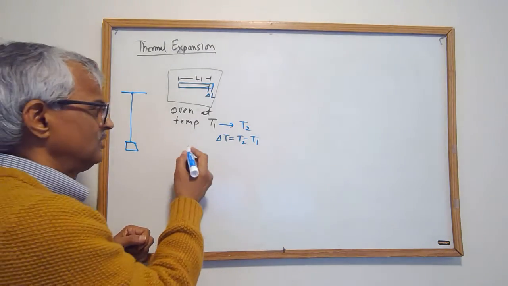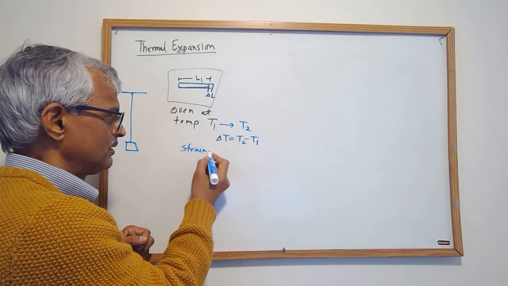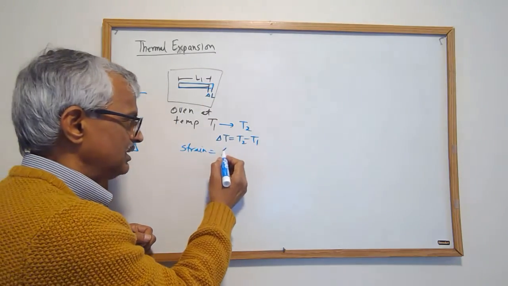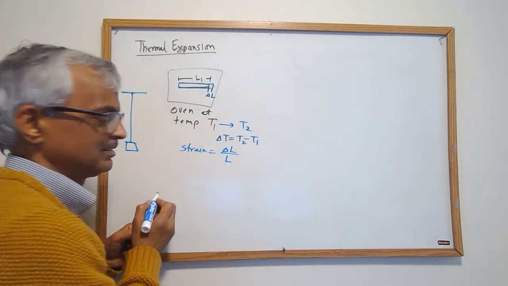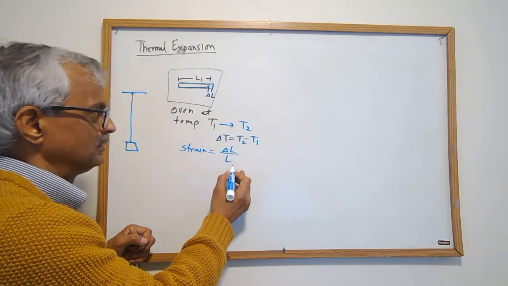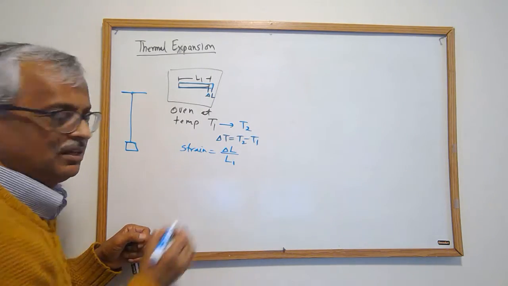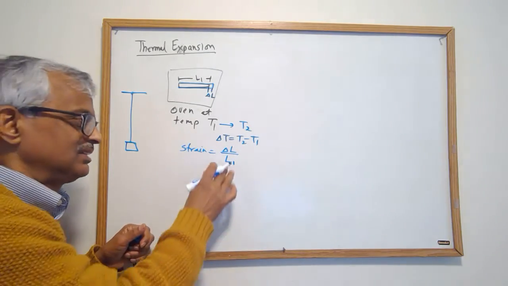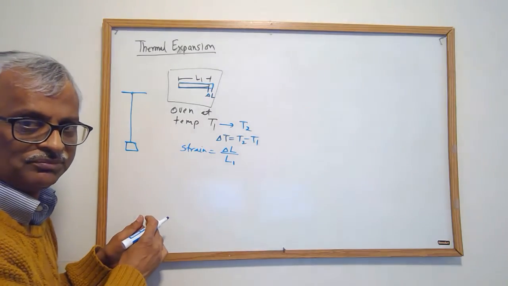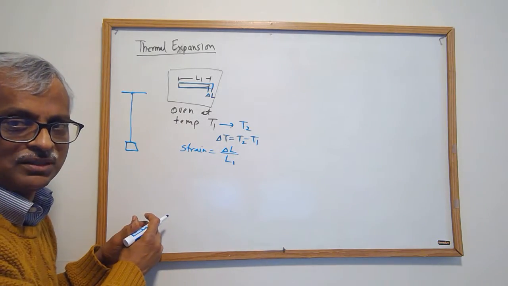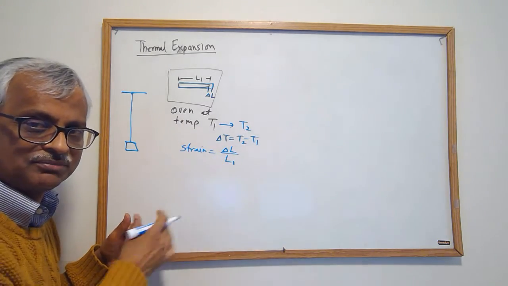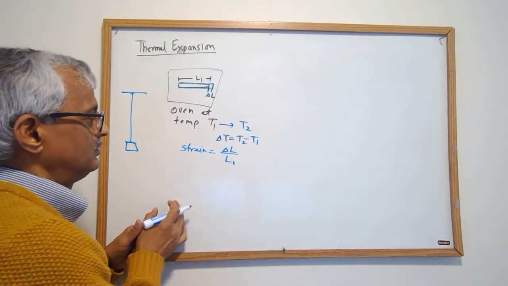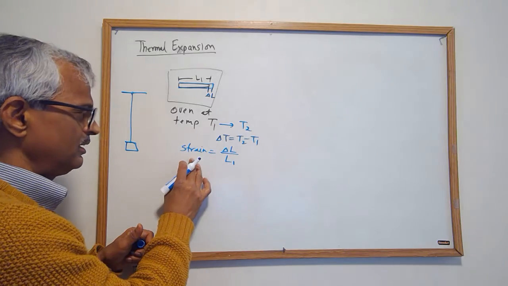The strain will be the change in length, delta L, over my original length L1. In the books you will see just L written down. That's okay, as long as you know you're dividing by the original one. It's a fraction of the original length.